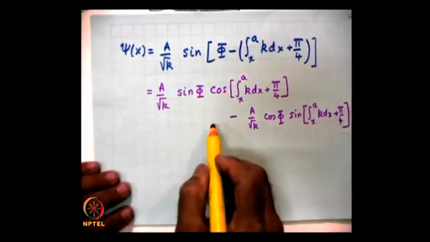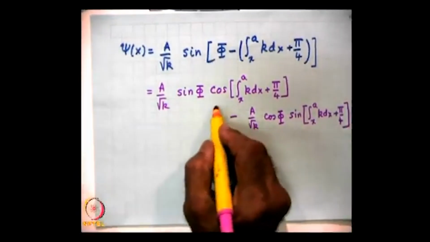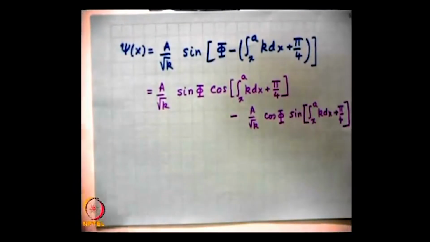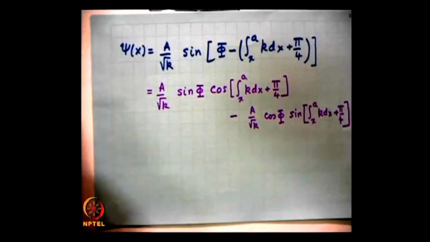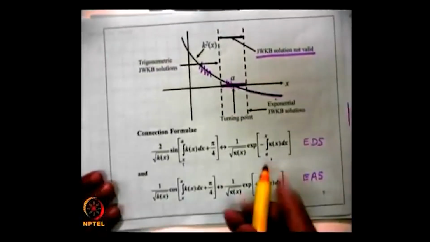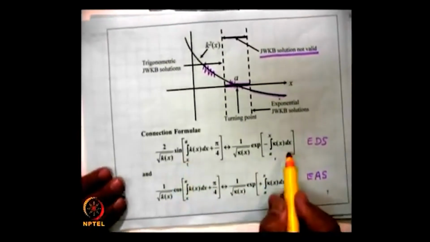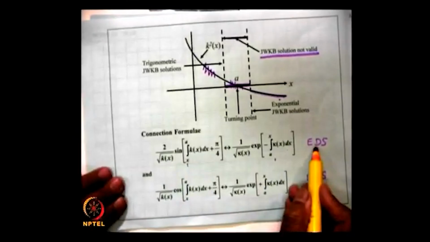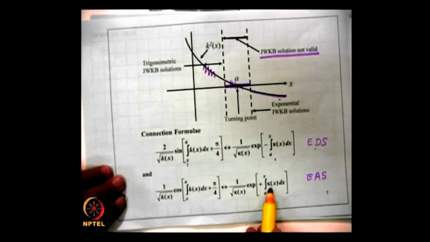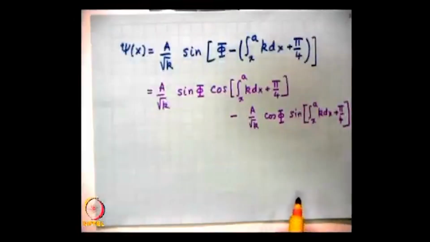Now, as we know from our connection formulae, which we had written down here, it is the sine term which goes over to the exponentially decaying solution, and the cos, whose argument is the integral from x to a of k dx plus pi by 4, goes over to the exponentially amplifying solution.